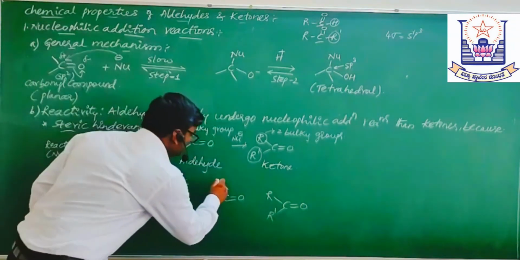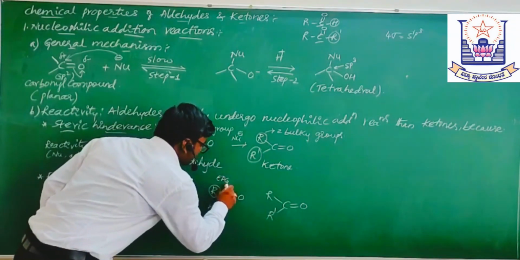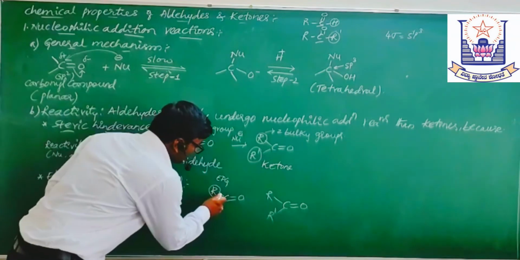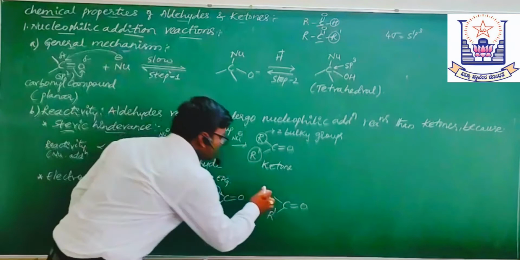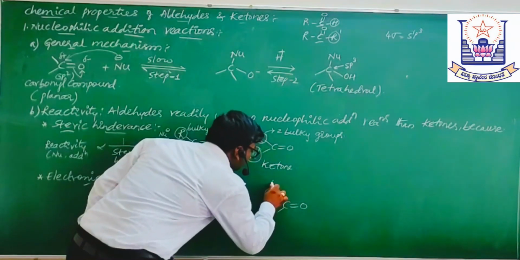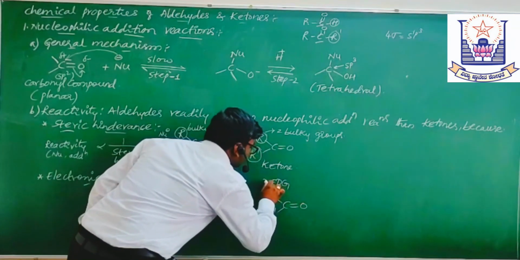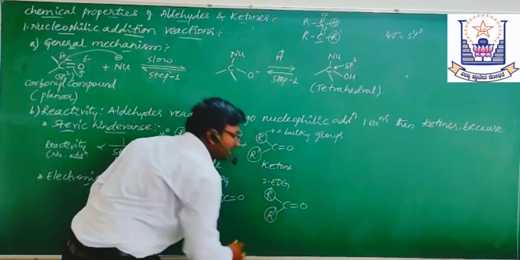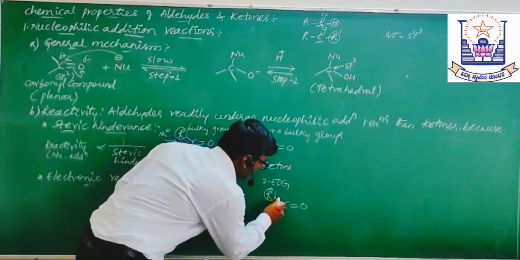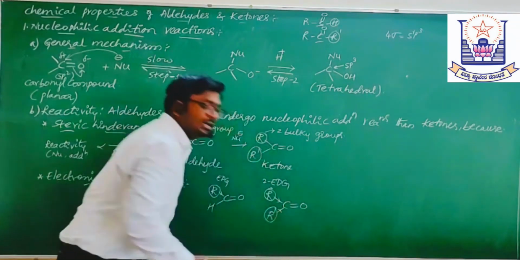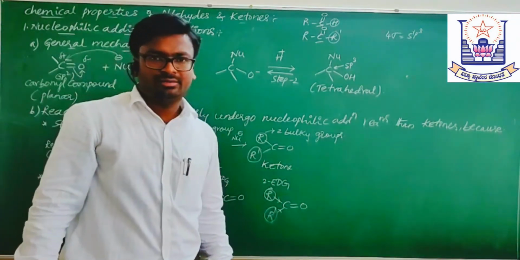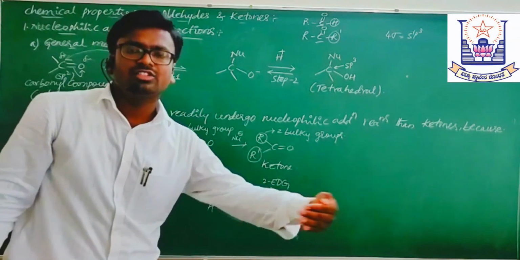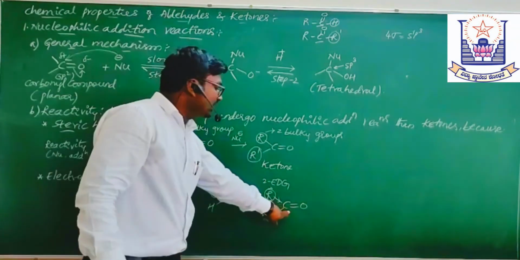It will donate electrons towards the carbonyl carbon. Coming to here, there are two electron donating groups. Particularly, it is called the inductive effect, displacement of sigma electrons towards the carbonyl carbon.